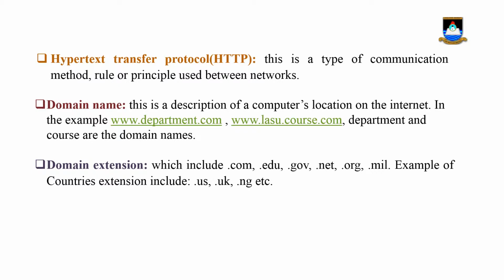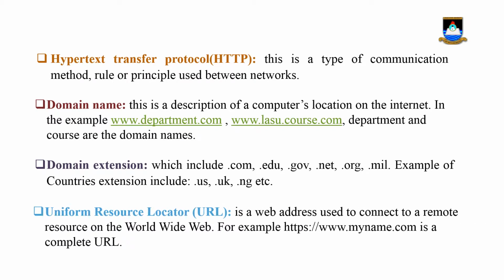The country extension shows what country that URL comes from or that domain extends to. We have USA, United States of America, UK, United Kingdom, NG for Nigeria, and so many more.